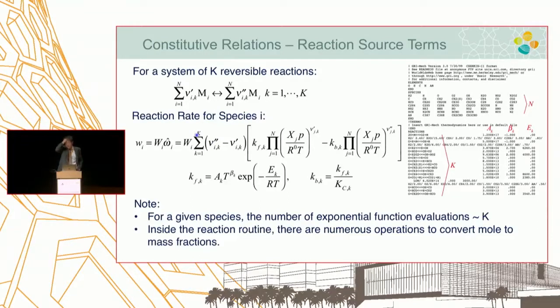Oftentimes people ignore that aspect, but actually computational cost is directly related to the size of the reaction mechanism in addition to the number of species. So that's one thing to keep in mind. Exponential function evaluation goes almost linearly proportional to the number of reaction steps. So to make the computation amenable, we want to reduce both the number of species and the number of reaction steps.